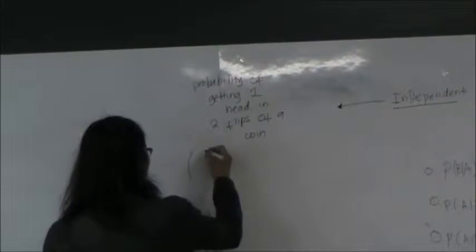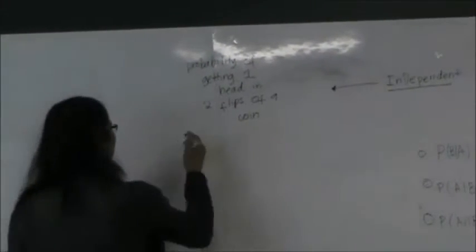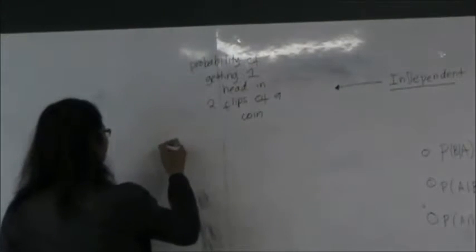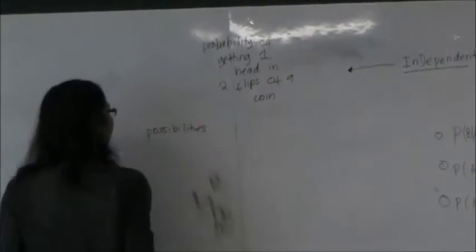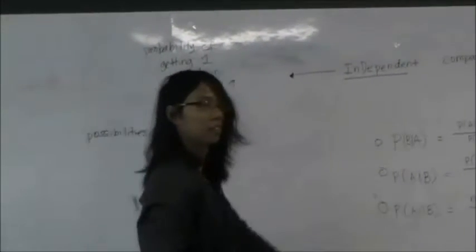Well, normally what we do is we try to list down all the possible things that can happen. This is the easiest way we can do this, but there is a better way that I'll show you. So what we tell our students is to list all the possibilities down. The reason I want to show this is because of the independent thing.